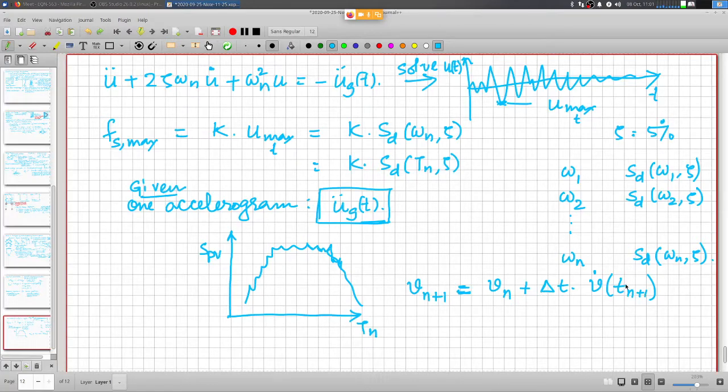Whether it is t n or t n plus 1 depends on what algorithm you are choosing. So I would just say n or n plus 1, the gradient.